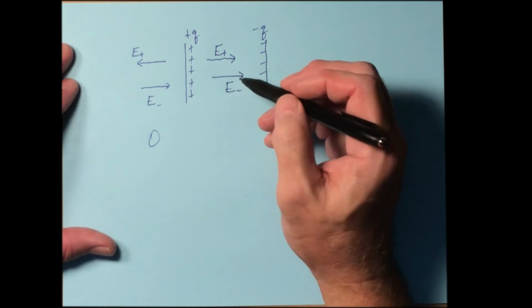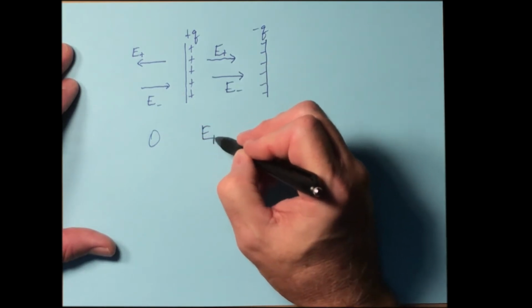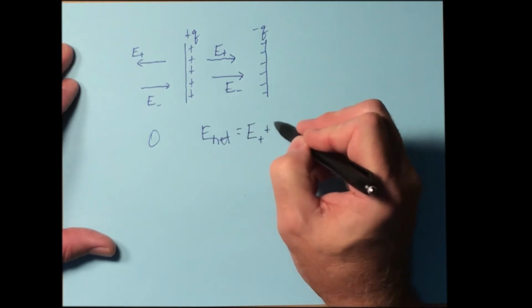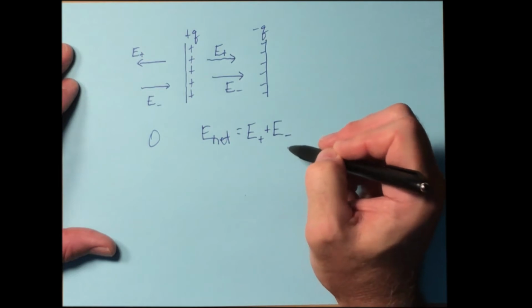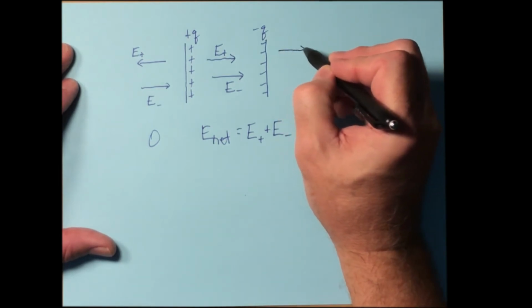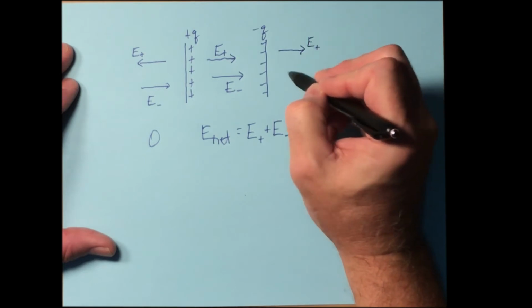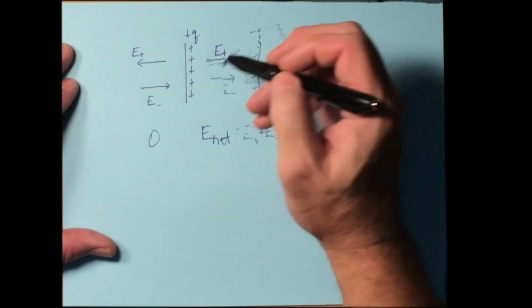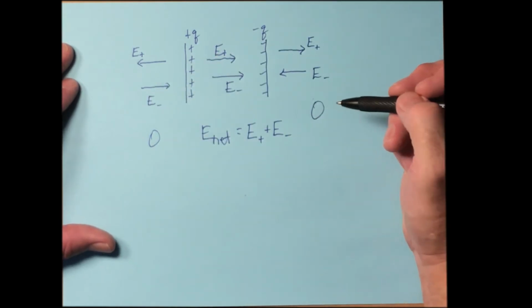The net electric field then, in the central region, is just going to be E positive plus E negative. All right, well, what about on this side? Well, the positive is going to point that way, and the negative is going to point that way. So once again, by the same reasoning, the electric field over here is going to be 0.